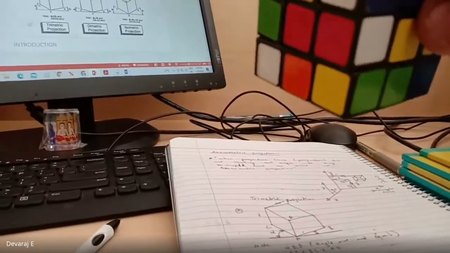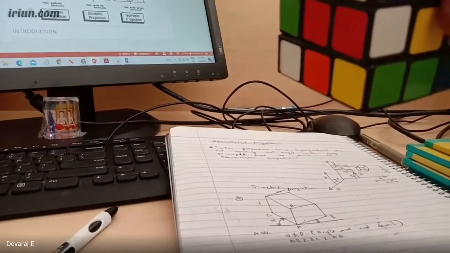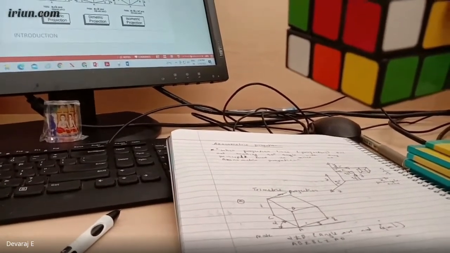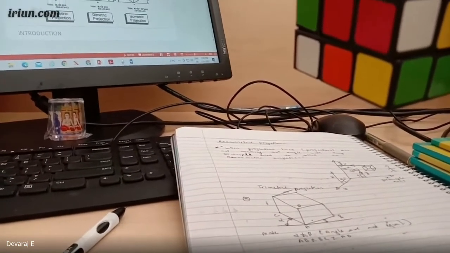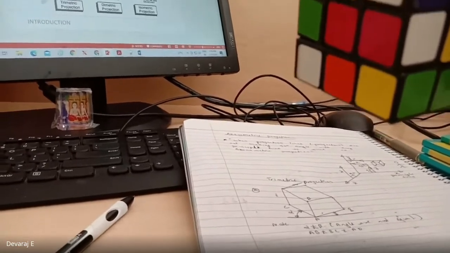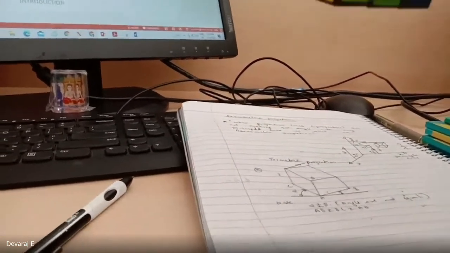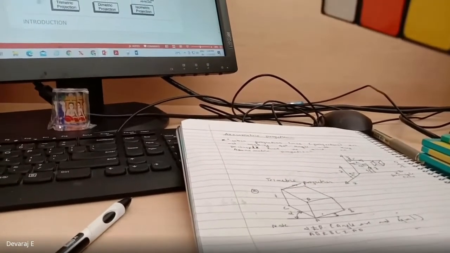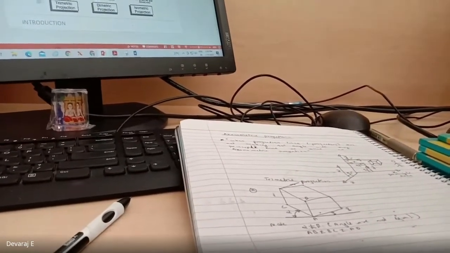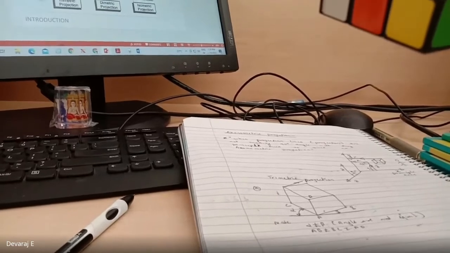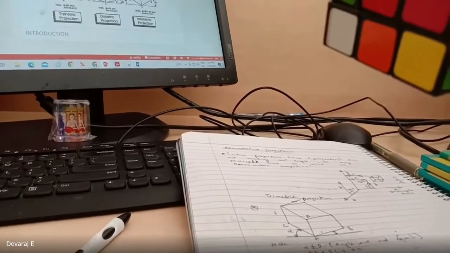If alpha is not equal to beta, AB is not equal to BC, and BC is not equal to AD, then the projection which is falling on the reference plane is called what? Trimetric projection. So everyone is clear?